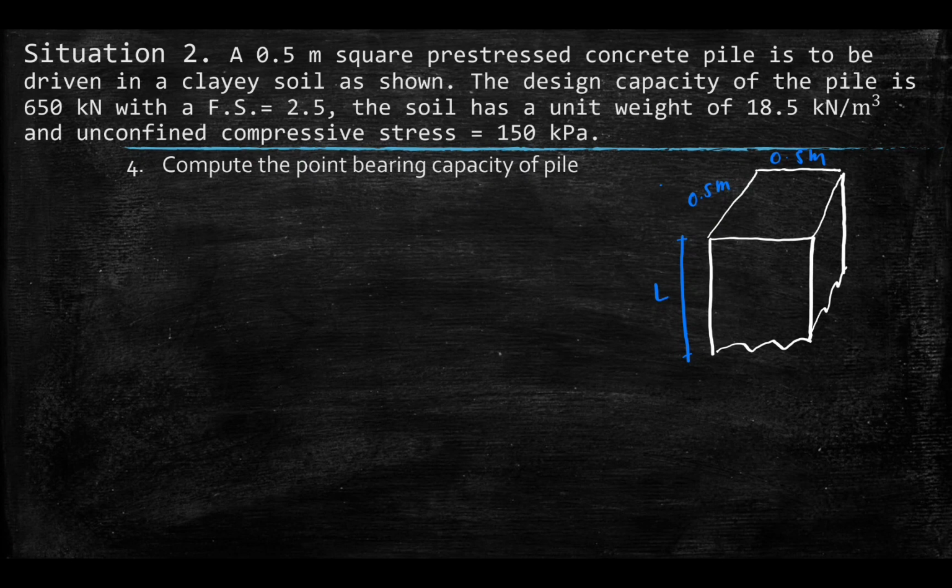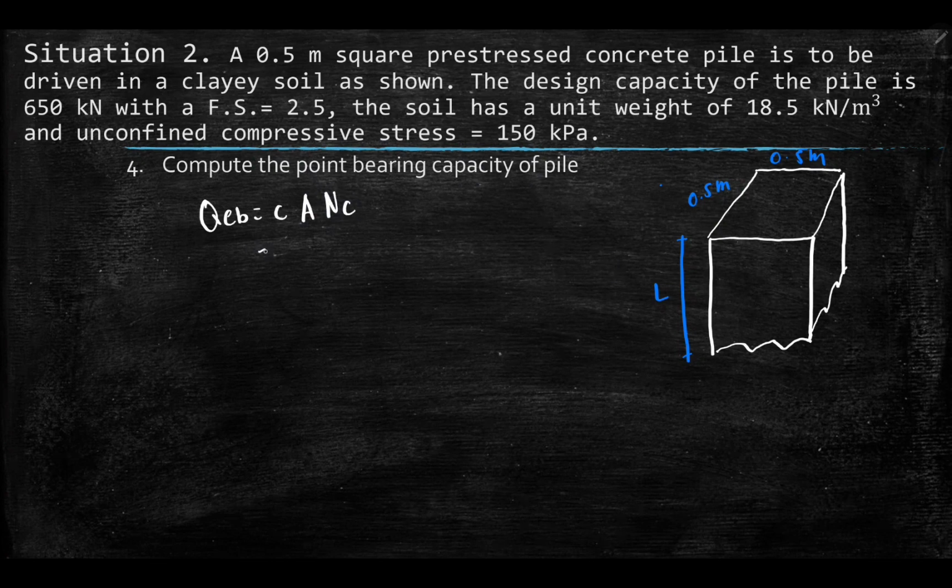Since the problem is in a clay soil, the formula for the end bearing capacity of the pile will be C N_c, right? Cohesion times the area of the tip of the pile times the bearing capacity factor.